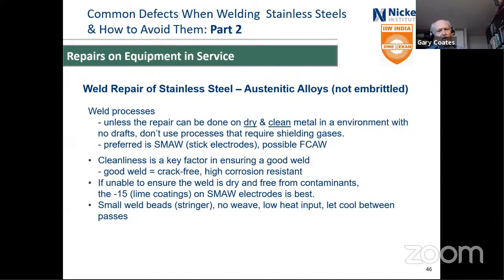And use small weld beads, stringer beads, no weaving, low heat input, and let them cool between passes if you are doing it in situ. It's better to put in many small welds than one large weld, which is not how the welder normally thinks, but is important when you have contamination or possibility of contamination.